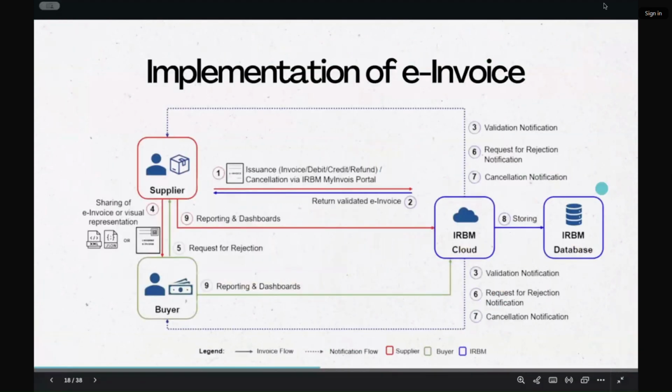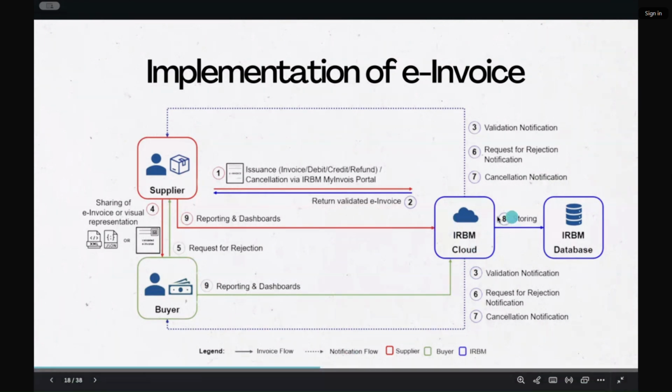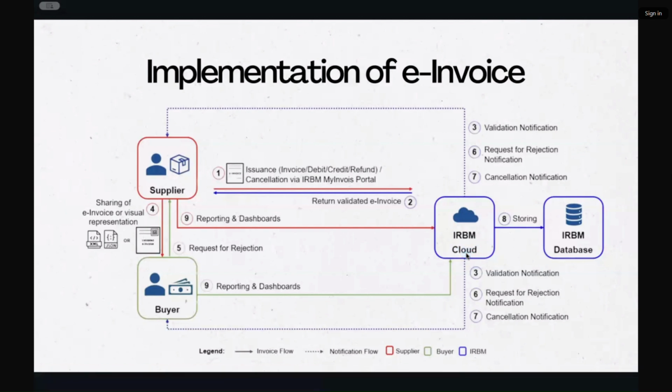Okay, so how should we implement the e-invoice? This is a table from LHDN. You can check this out in LHDN's official guide. Basically, just like what I said, in the relationship between supplier, buyer, and LHDN, you can see the MyInvois cloud. This is basically LHDN's system. So there is issuance of invoice, debit note, credit note, refund note.